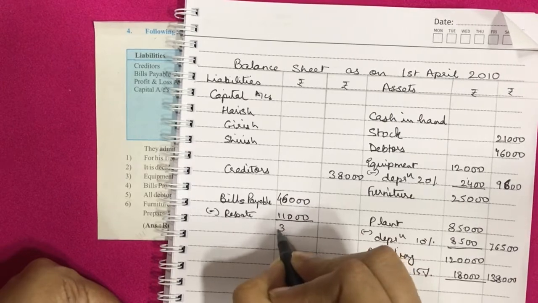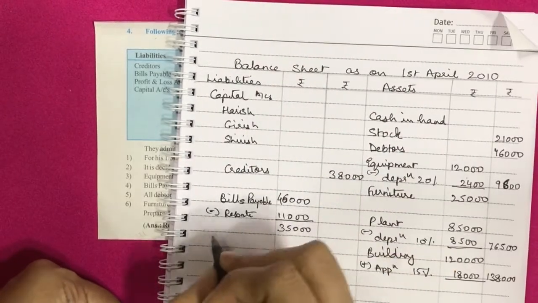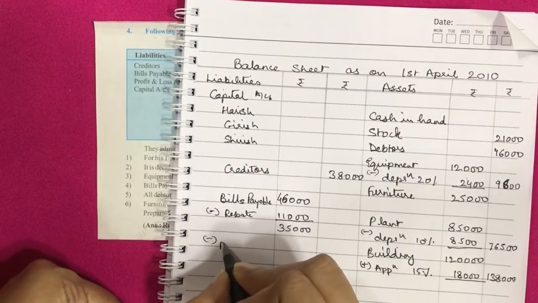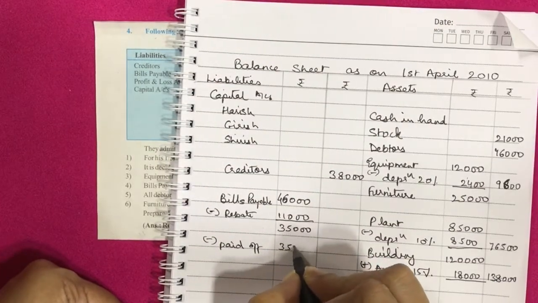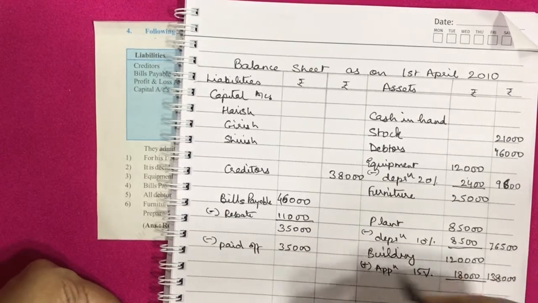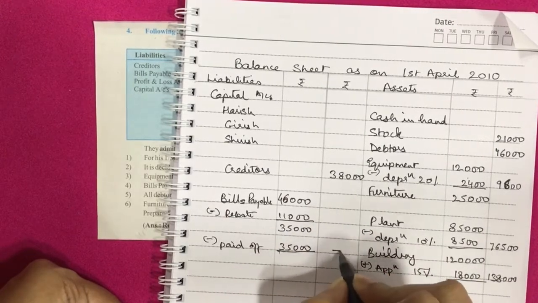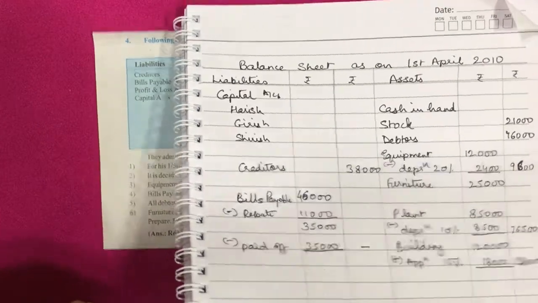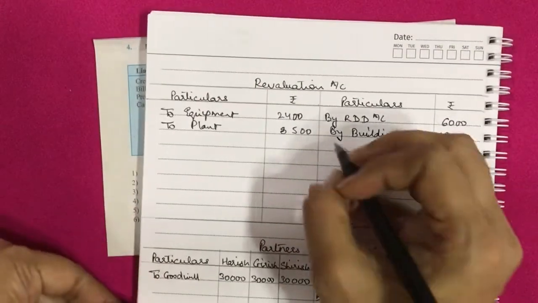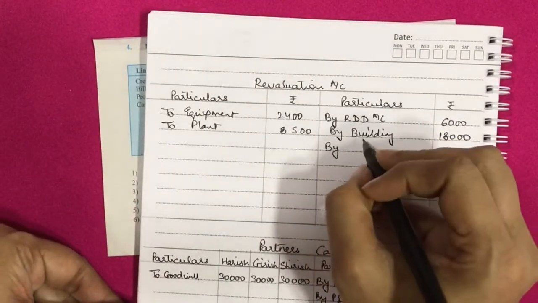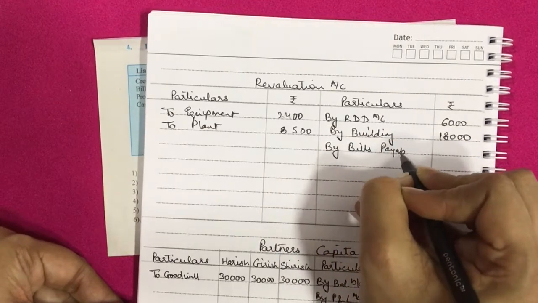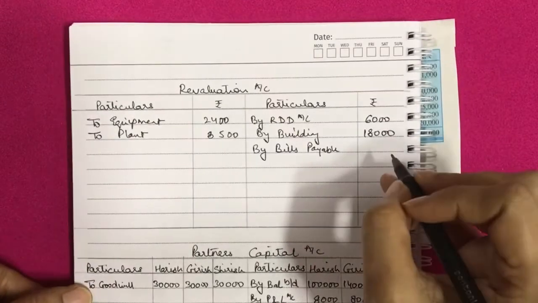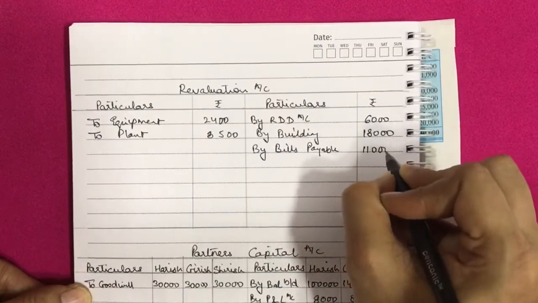After you received this, it comes to 35,000, and now you have paid it off. 35,000. So its second effect will come in cash bank account. Here it will not show as anything because it is paid off. So right here you got rebate, that's your profit, by bills payable. How much rebate did you get? 11,000. That is done.